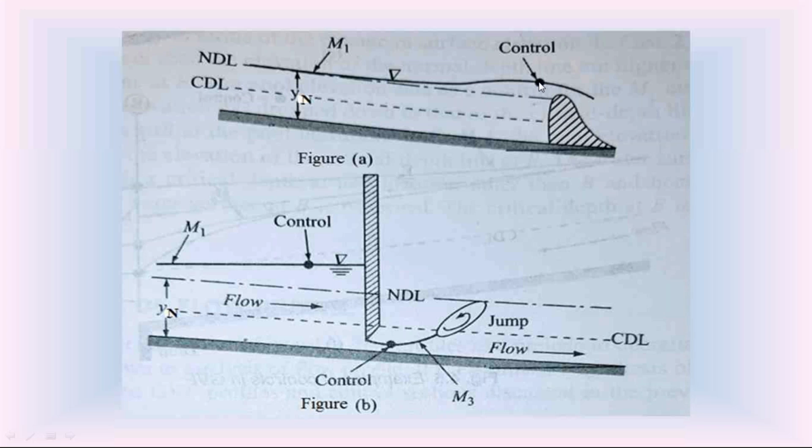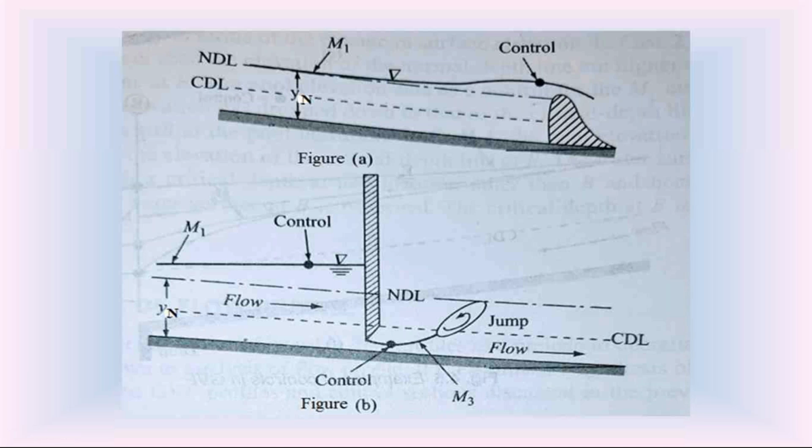So at the control section, we should know this depth of flow, either by using measuring scales or some other procedure. We should know this depth of water flow from the channel bottom to the control section in the single step method.